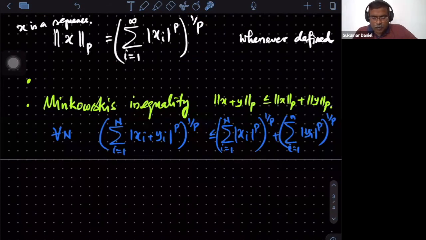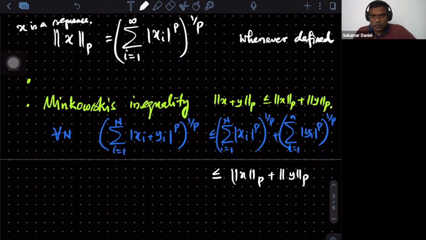So the least upper bound is this, and hence this will converge to the norm of x, and this will also converge to the norm of y. In other words, this partial sum has to be less than or equal to the least upper bound, and this also has to be less than or equal to the least upper bound. First you conclude this, and now for every n this inequality is true.